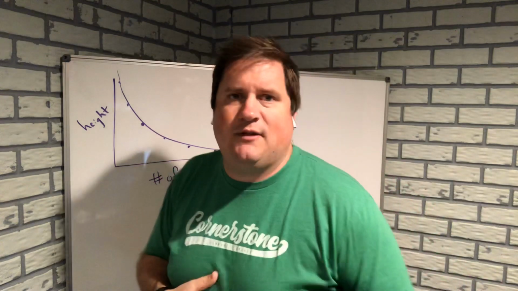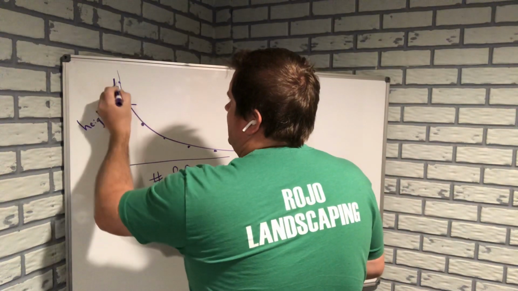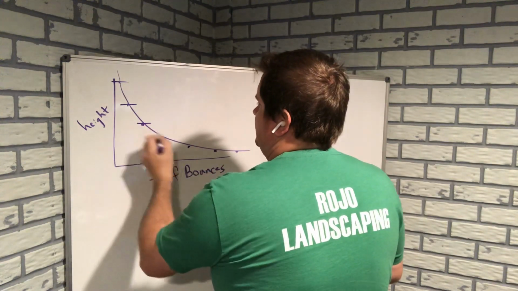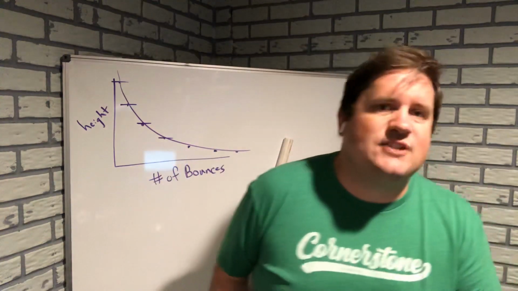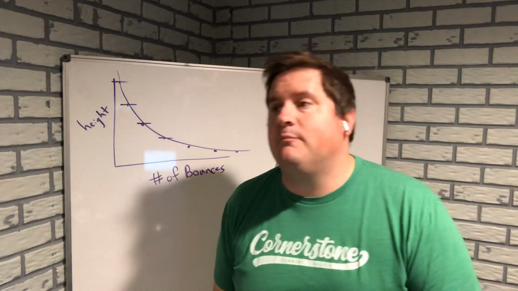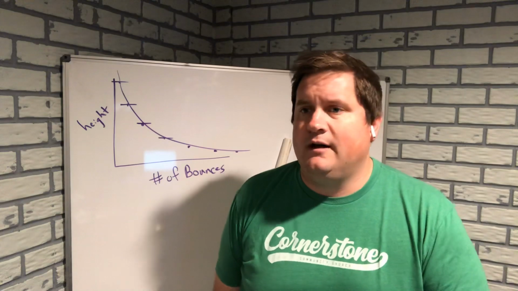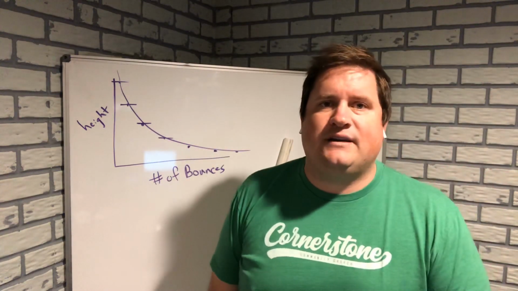I'm not sure if you guys went through and calculated that, but my guess is you would get a similar percentage drop from here to here as you would get from here to there, as you would get from here to there, and they would always be a similar percentage, maybe 30%, maybe 40%, maybe even 50% or 60%, depending on the ball you drop, depending on what surface it bounced on. But you'd see that same percentage drop every single time.